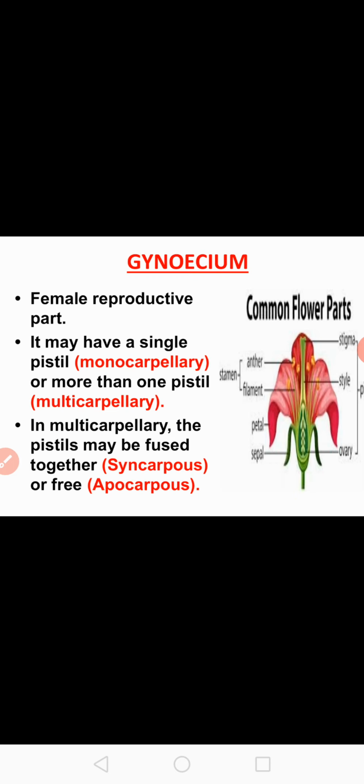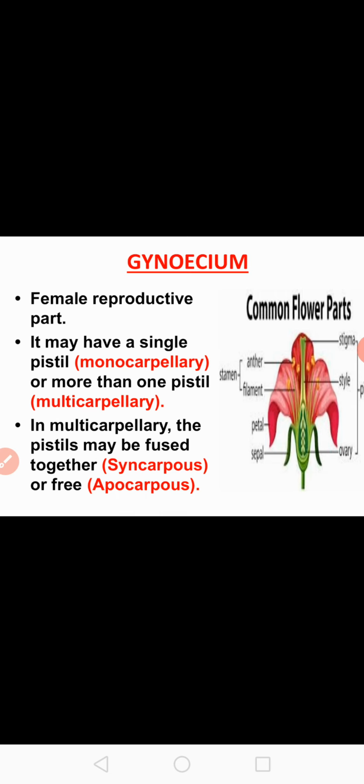Coming to the next reproductive organ, that is the gynoecium, which is nothing but the pistil or carpel. And this pistil is the female reproductive organ of the flower. Based on the number, the pistil may be of two types, monocarpellary pistil and multicarpellary pistil. Now what is the meaning of monocarpellary?